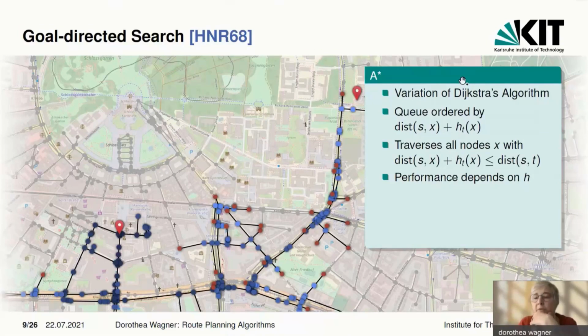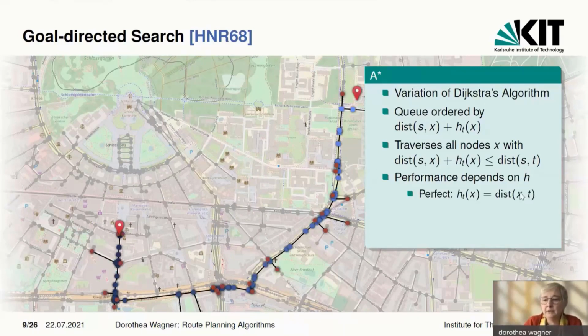The performance, with respect to the speed up of this technique, depends, of course, on the choice of this potential. A few words about this potential, therefore. The speed up is perfect if this would be just the distance to the target node.